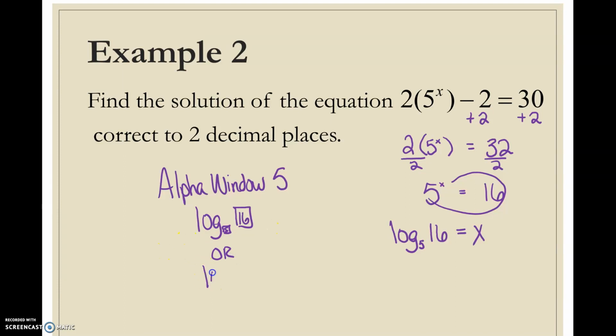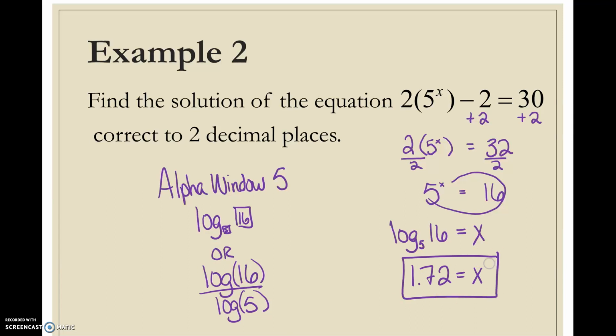That would be doing log button 16 divided by log button 5. If there's parentheses, you need to make sure you close those parentheses in the calculator. So log button 16 divided by log button 5 is 1.72. So 1.72 equals x.